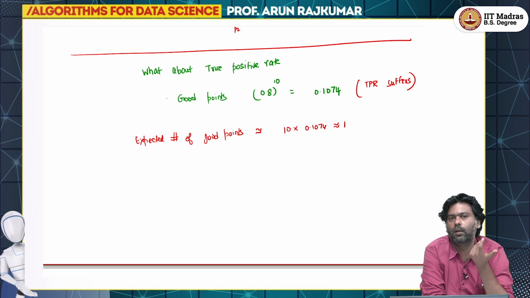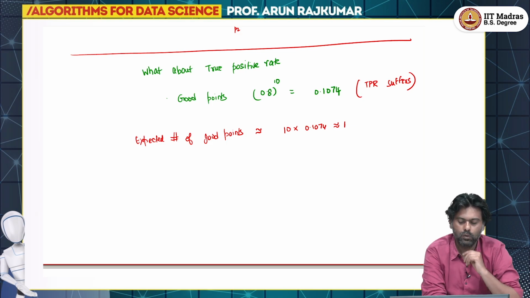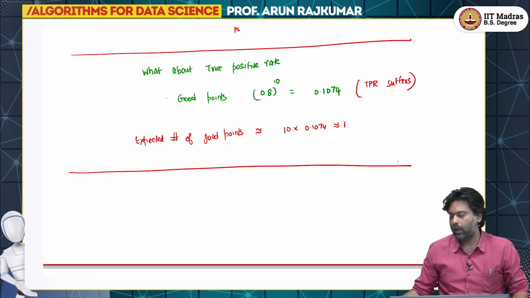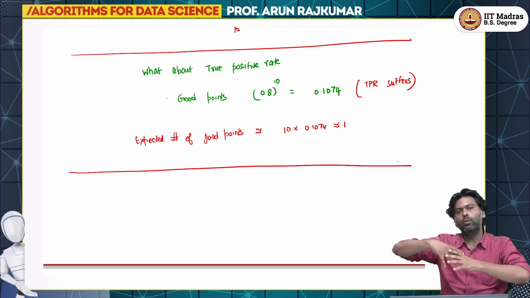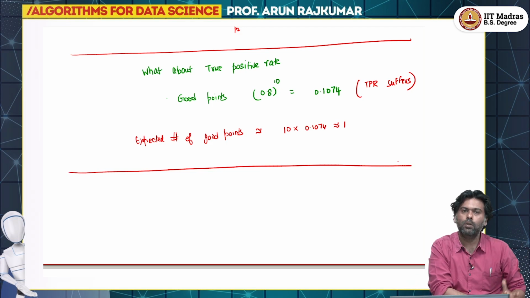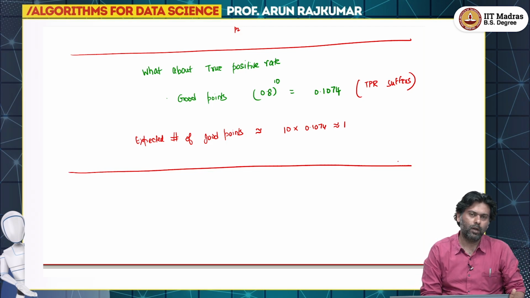But what is bad is that there's a high chance that I might lose the actual nearest neighbor, right. Because the true positive rate is small. So now this is a tricky situation, right. Because on the one hand we don't want to do too many calculations, so we should not have too many bad guys, so we have to bring down the false positive rate.